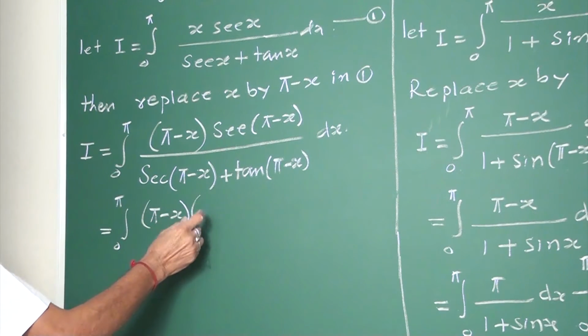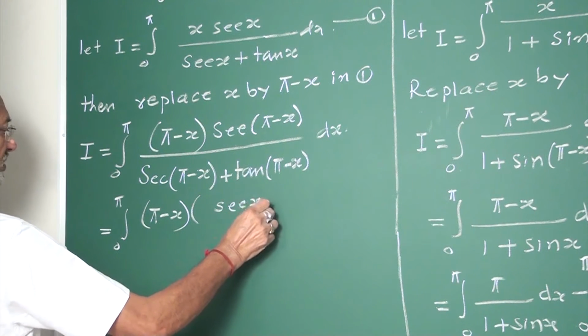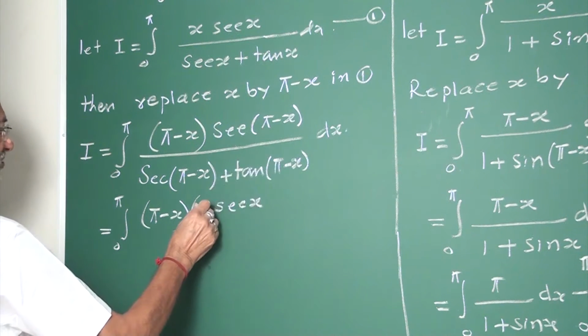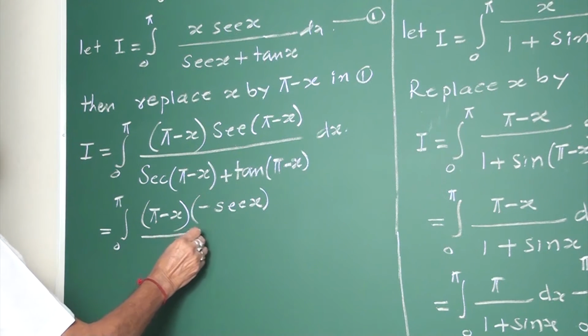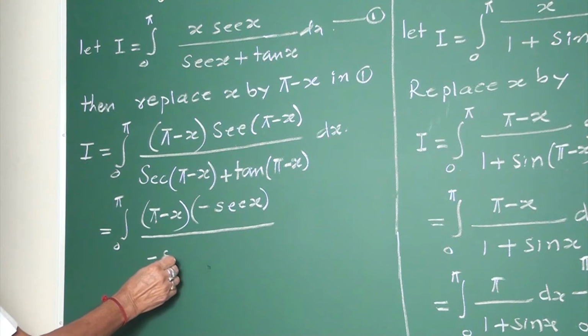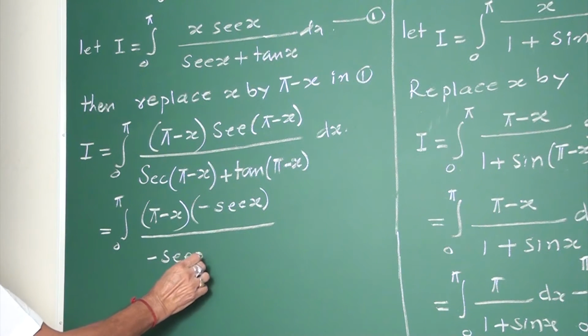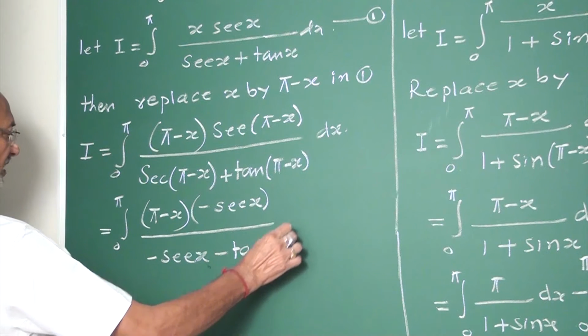Tell me my friend, pi means sec remains sec x. In the second quadrant, sec is negative. Denominator same, sec is negative. Second quadrant, tan is negative. It is minus tan x dx.